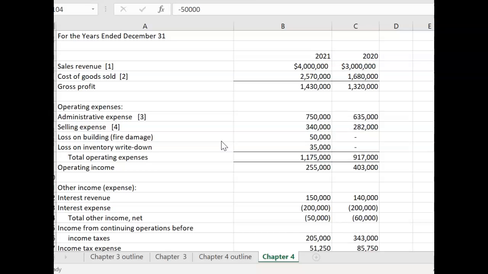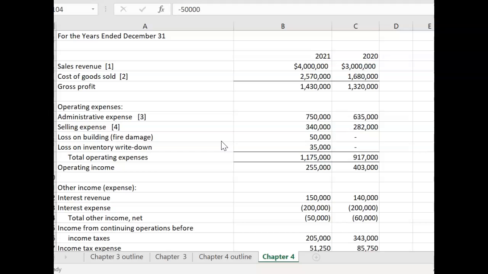Selected information about income statement accounts for Reed Company is presented below for the company's fiscal year ending December 31st, 2021 and 2020. And they give us the income statement accounts to prepare the multi-step income statement.